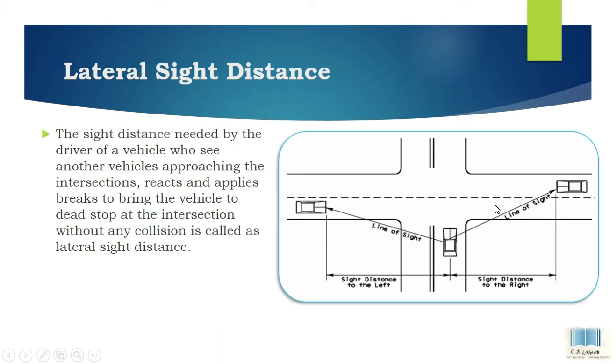Means from vehicle A to vehicle B this distance is lateral sight distance, and from vehicle B to vehicle C this distance is also lateral sight distance.